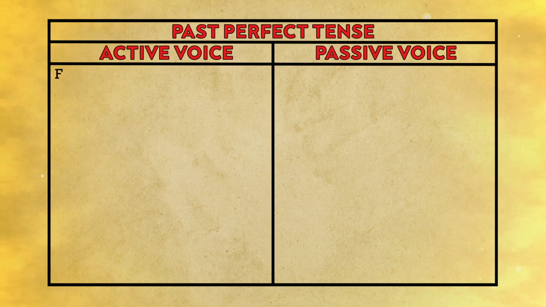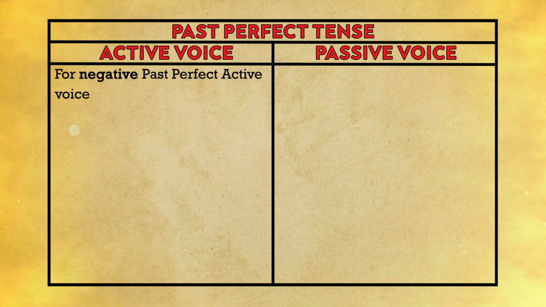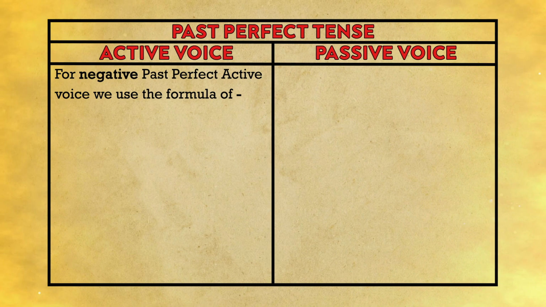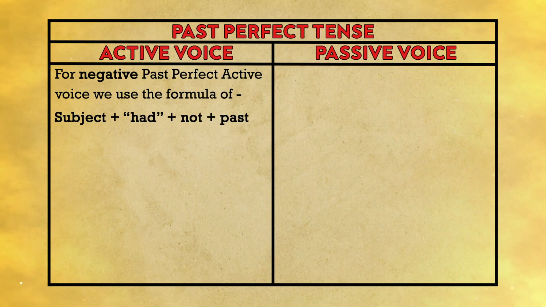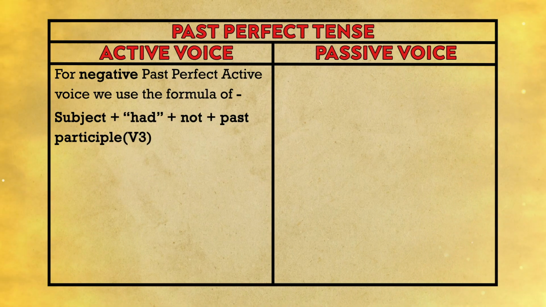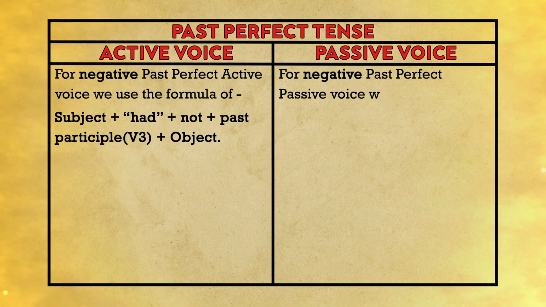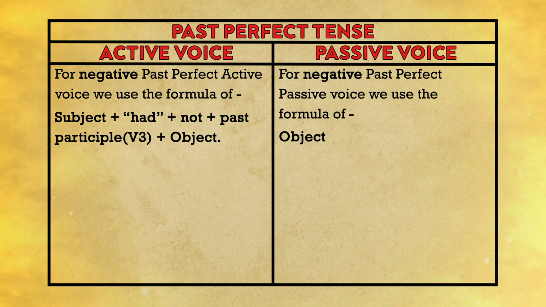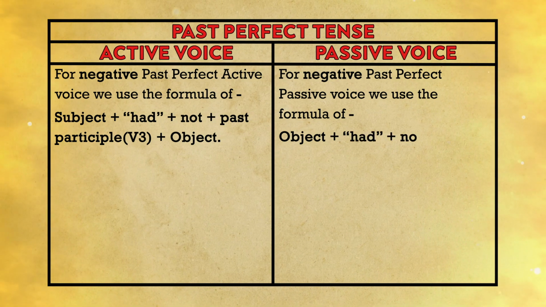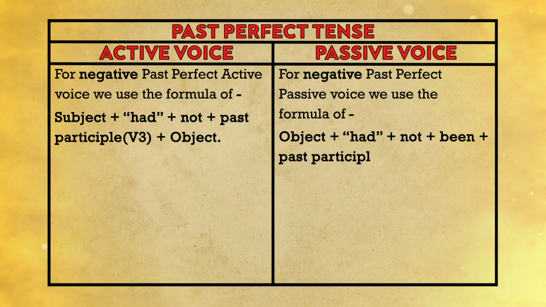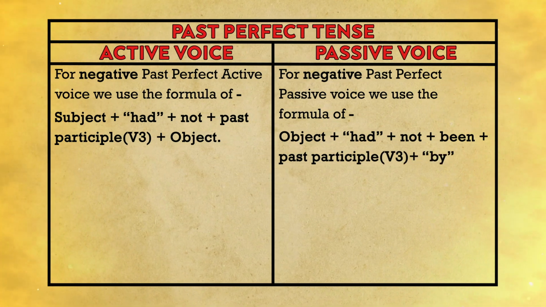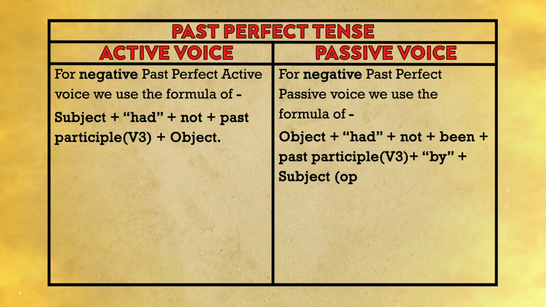The structure formula for past perfect negative active sentences: subject plus had not plus past participle plus object. So when we change it, it is the object plus had not plus been plus past participle, that is the third form of the verb, plus by plus subject.